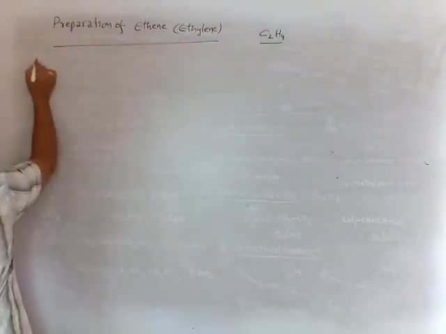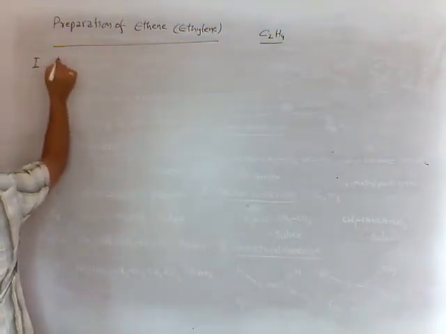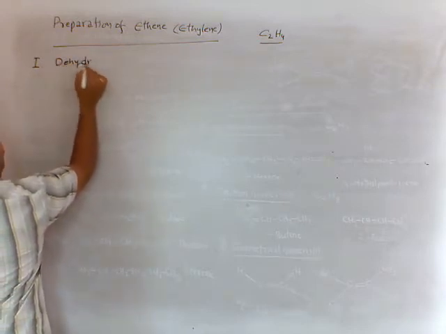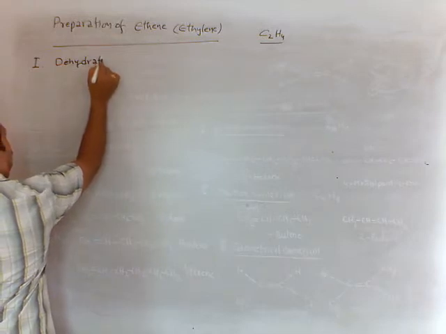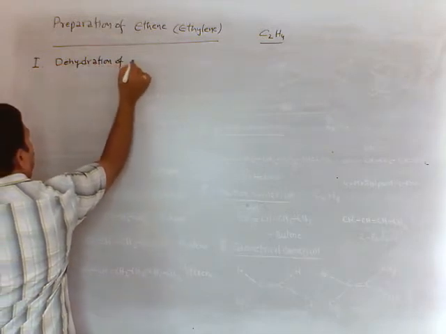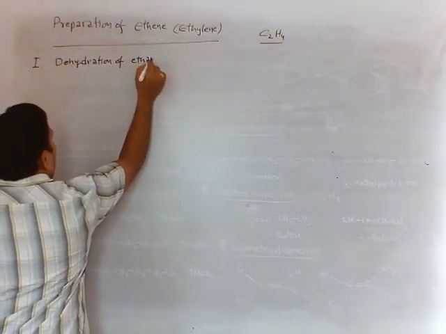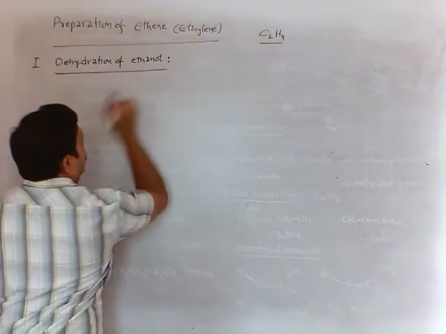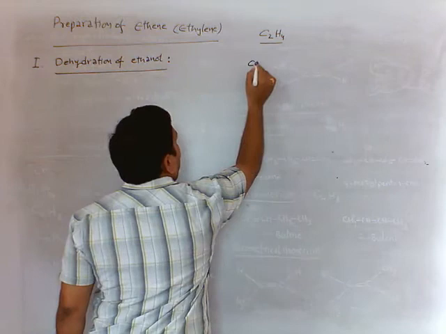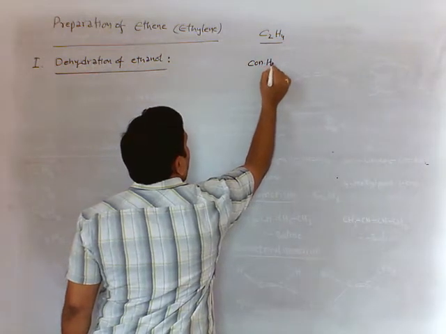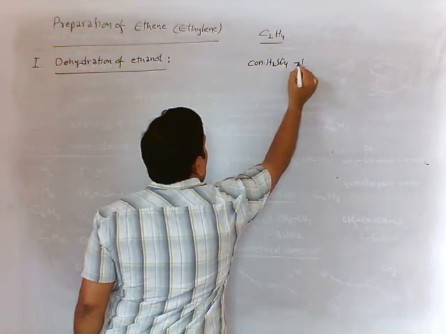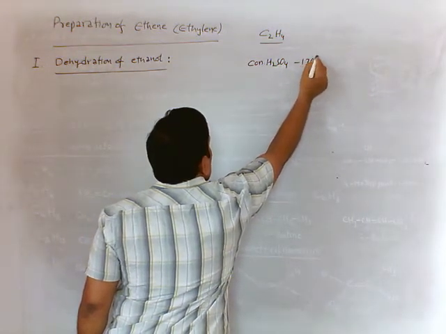The first method of preparation is dehydration of ethanol with concentrated sulfuric acid at 170 degrees Celsius.